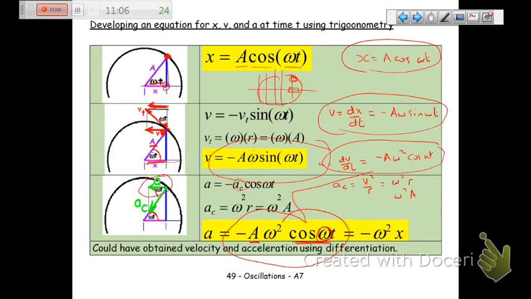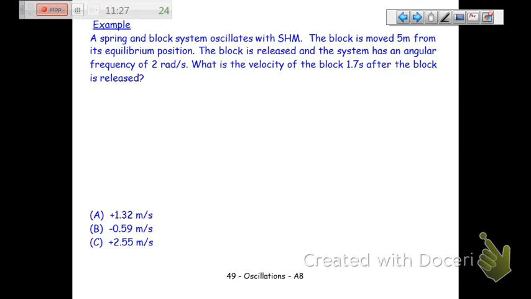The horizontal x for the circular is the x for the simple harmonic. The horizontal component of v for the circular is the v for the simple harmonic, and the horizontal acceleration for the circular is the acceleration for the harmonic. That's the principle. And it's done by observation. It's saying, look, they're the same.